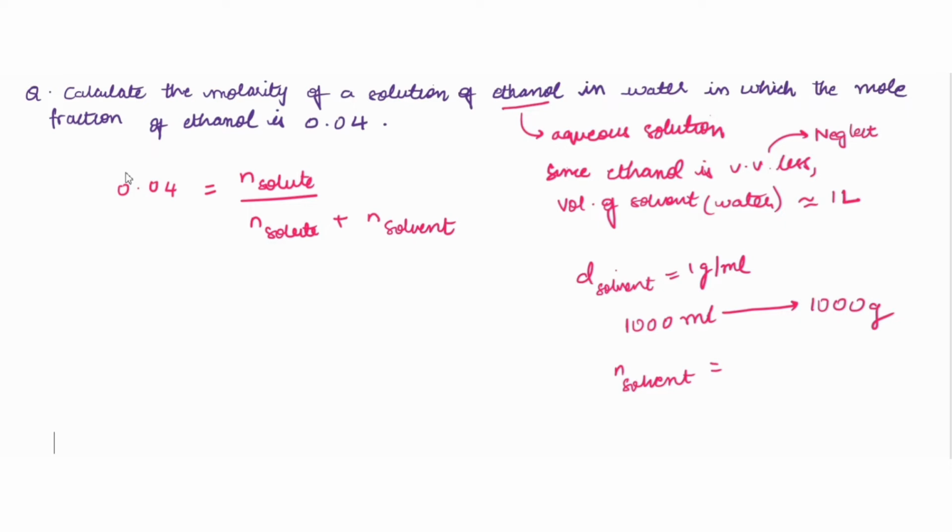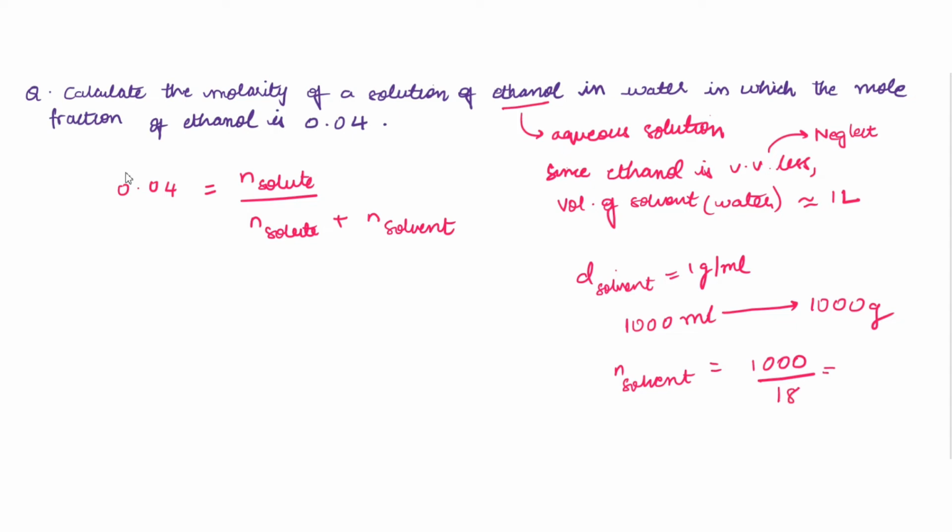So we have to find the weight of the solvent present in that 1 liter. Since it's water, 1 liter is nothing but 1000 ml. Since it's water, 1000 ml has a mass of 1000 grams, because the density is 1 gram per ml. So from this we can find the number of moles of solvent, which is 1000 by 18, given mass by molar mass of water.